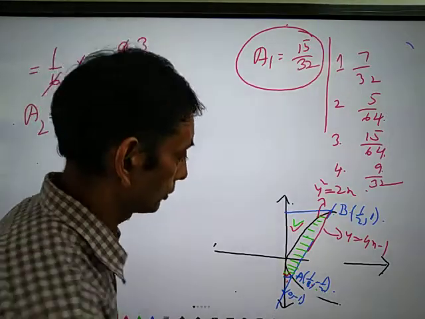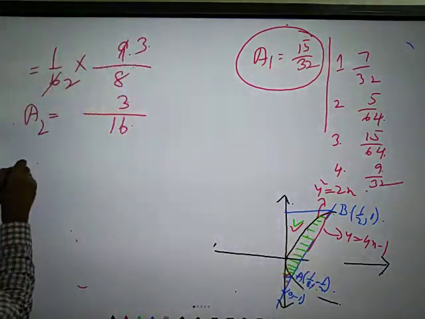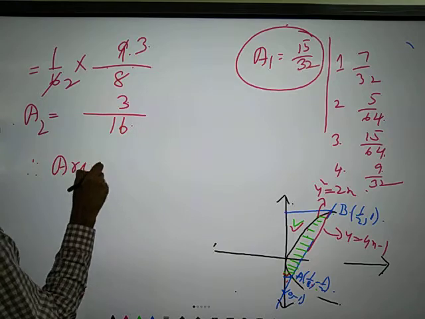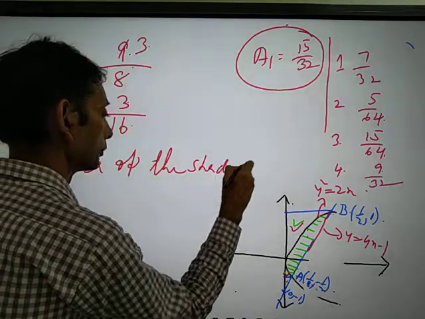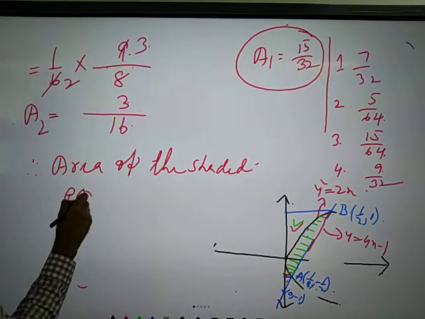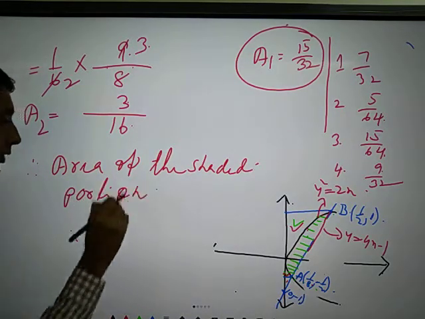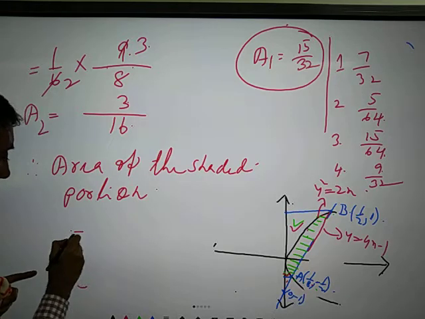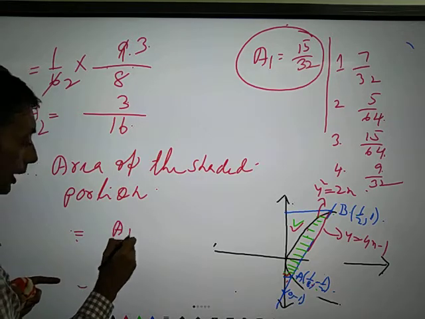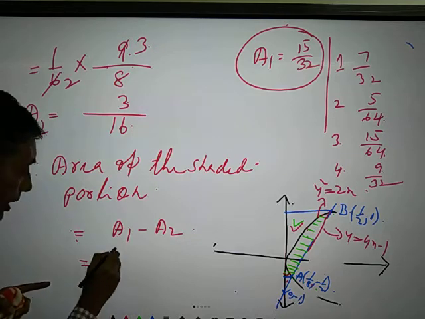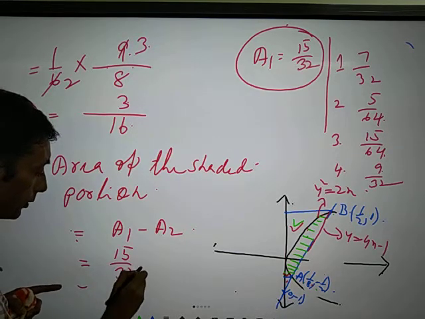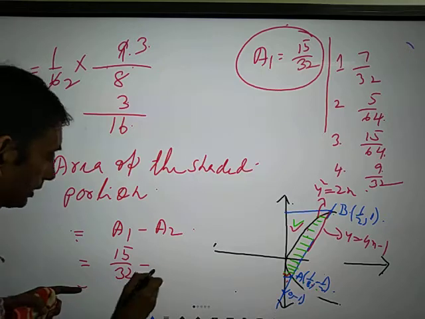Since we need the shaded portion, the area of the shaded portion is equal to A1 minus A2. What is A1? A1 is 15 by 32, and A2 is 3 by 16.